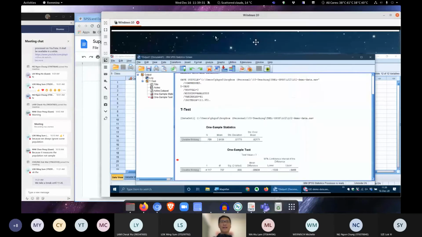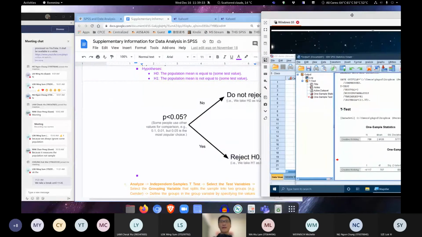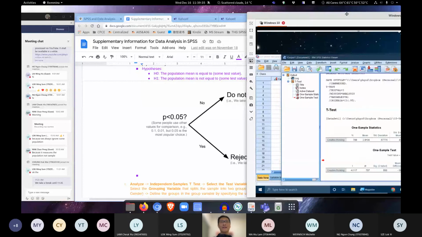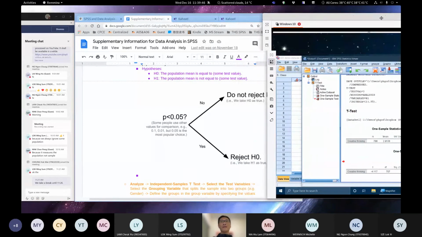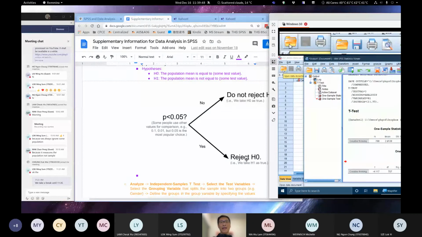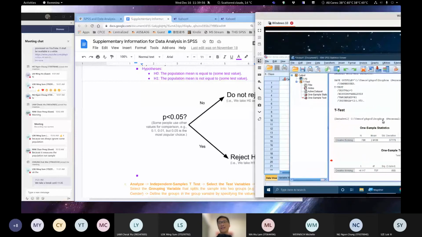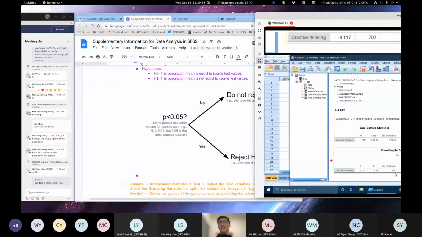Now, I want you to help me a little bit. Based on what you have here in the diagram, and based on the p-value of 0.000, can you tell me which answer we want to take? Do we reject the H0 or do we not reject the H0? Can you tell me the answer in this case? P-value is 0.000.